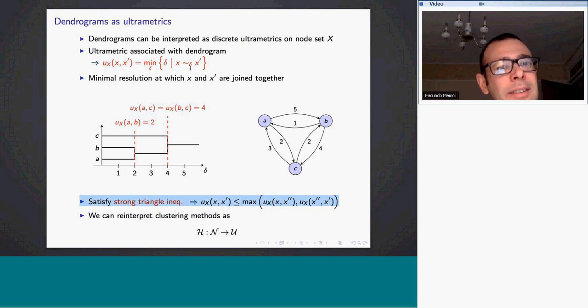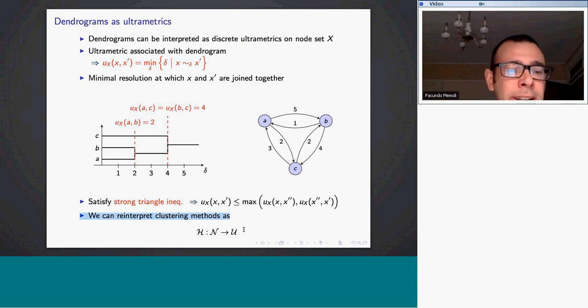That's the value assigned to the pair x and x prime. Because a dendrogram is a hierarchical family of partitions, the strong triangle inequality will be satisfied. So we can rewrite hierarchical clustering methods as maps from the collection of all networks into the collection of all finite ultrametric spaces, with the property that these maps respect underlying sets. This leads us to a representation of hierarchical methods.